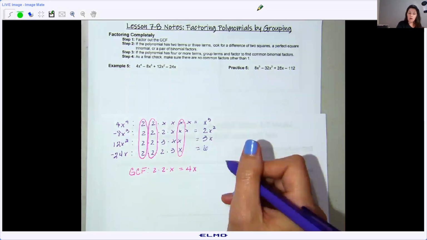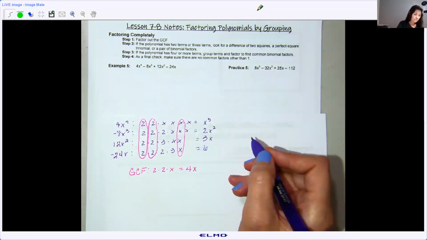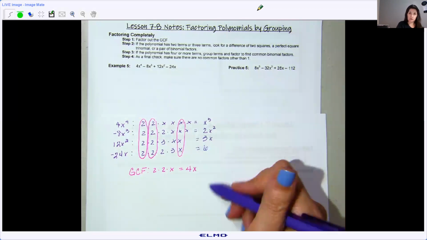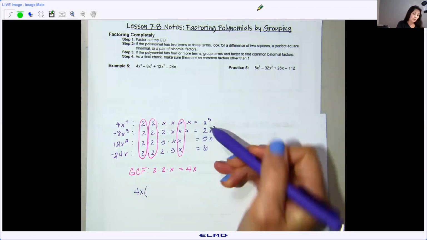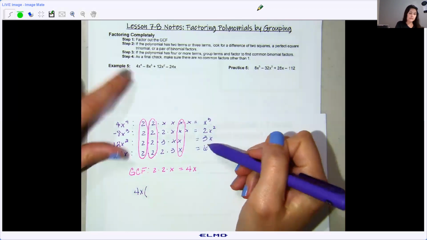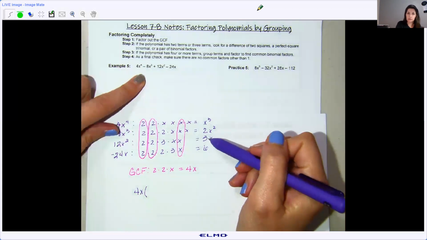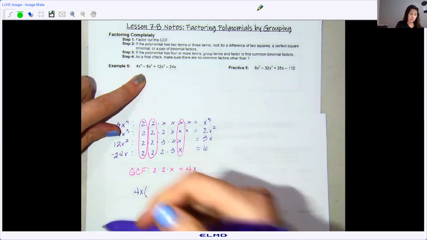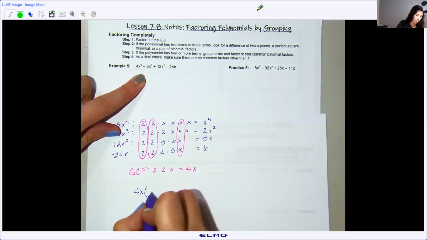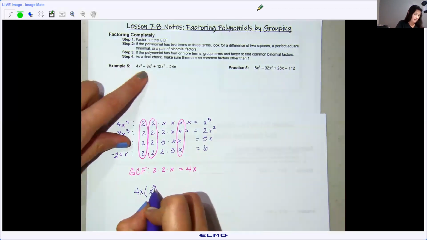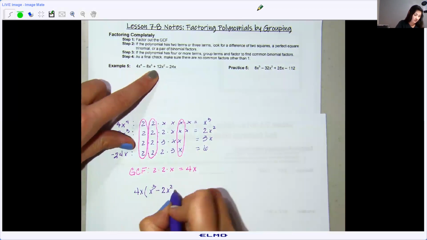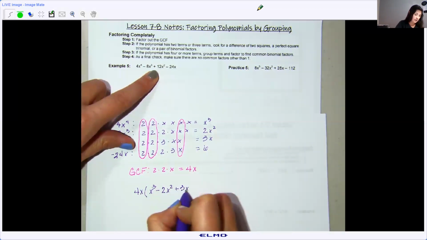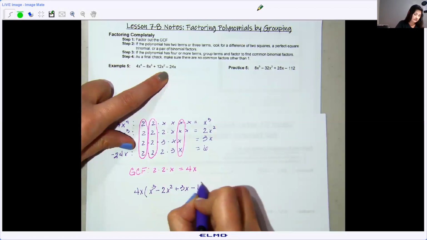So when I write out my factored out polynomial, 4x, my greatest common factor, goes on the outside, and then I just write these in with the same operation that was in the original polynomial. So I have x cubed, which was positive, and then a minus 2x squared, then a plus 3x, and then a minus 6.